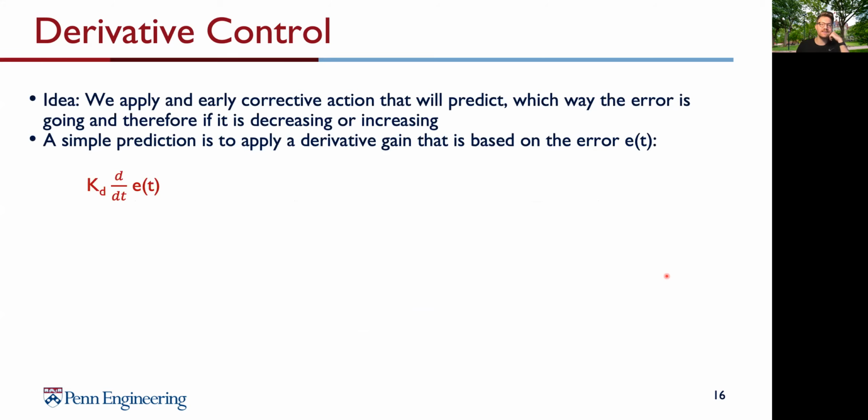Decreasing or increasing, this is our word for a derivative, which means a simple prediction is applied with a derivative gain, and this is also based on the error. So now we have our new derivative gain, Kd, and we have our derivative part, which means de(t)/dt.